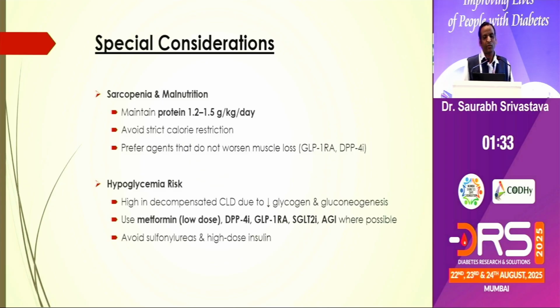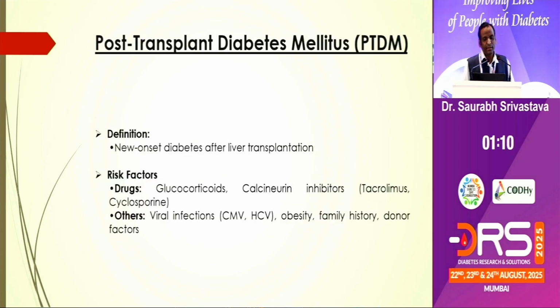Avoid strict calorie restriction and prefer agents that do not worsen muscle loss, such as GLP-1 receptor agonists and DPP-4 inhibitors. The hypoglycemia risk is high in decompensated cirrhosis due to decreased glycogen glycolysis, so use metformin in low dose, DPP-4 inhibitors, GLP-1 receptor agonists, and SGLT2 inhibitors and AGIs wherever possible, but sulfonylurea should be avoided.